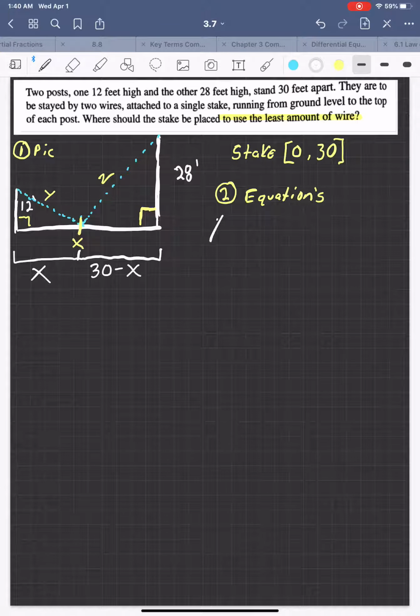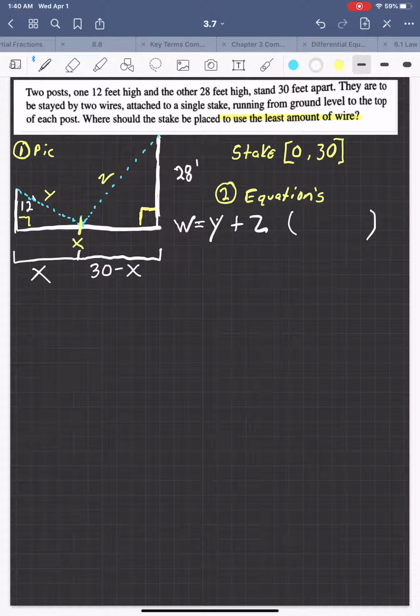So y plus z is the total amount of cable that you would have to use. All I'm going to do is say that y plus z has to equal something. I don't know what that something is. I'm running out of letters, so I'll just call it w. Here in a second, I'm going to label whether that's the primary or the secondary equation. Let's go to the secondary equation.